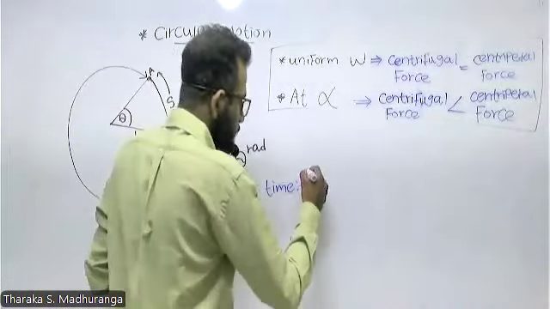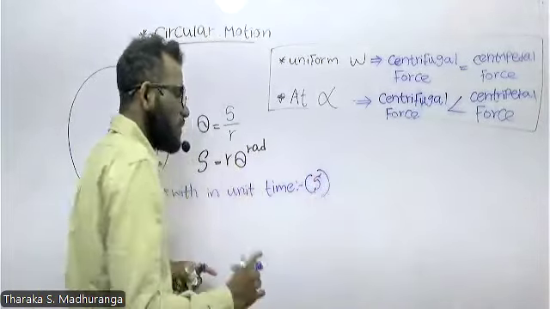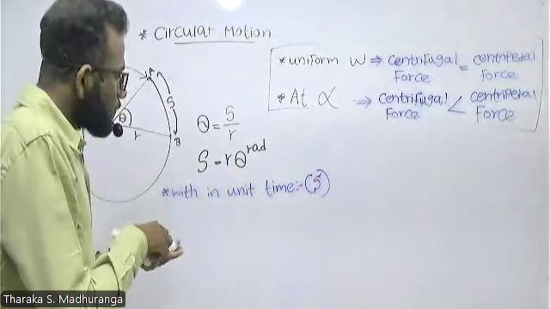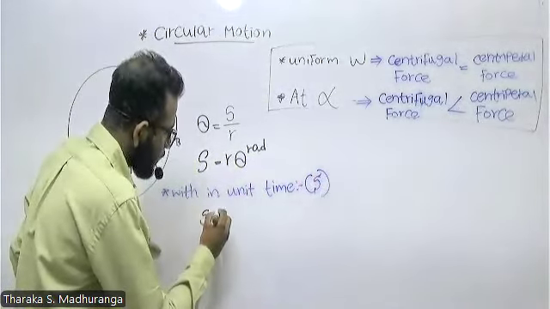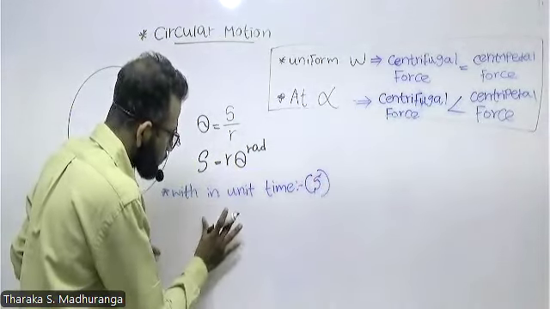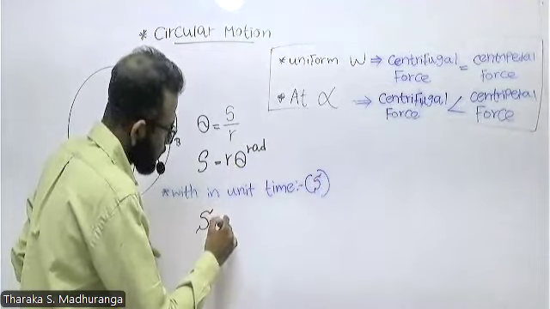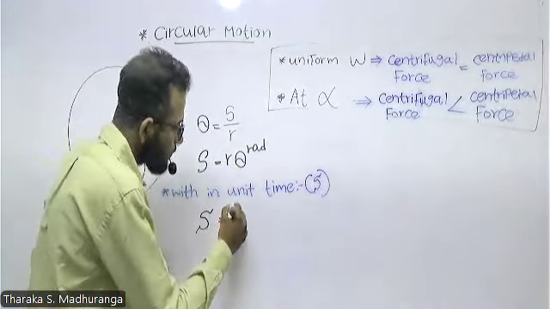Within 1 second, no? The standard unit is second. To get it within 1 second, what do I do? Both sides I divide by time. Then both sides become per second.